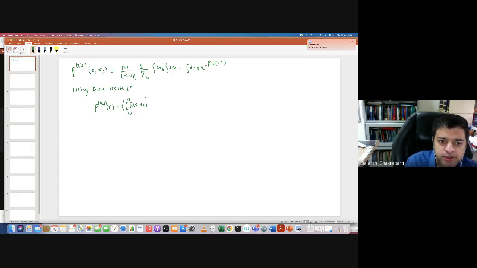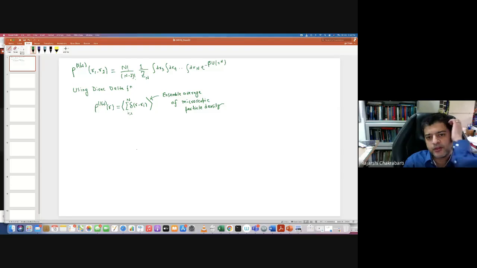The whole thing has to be averaged. It's an ensemble average of microscopic particle density. So this is your microscopic particle density, and the whole quantity is the ensemble average.